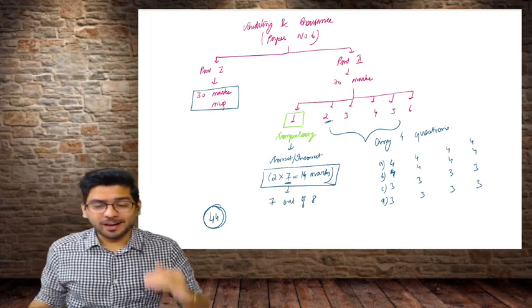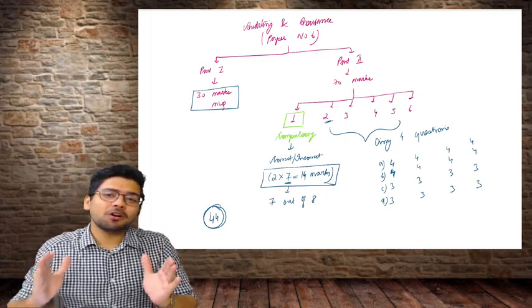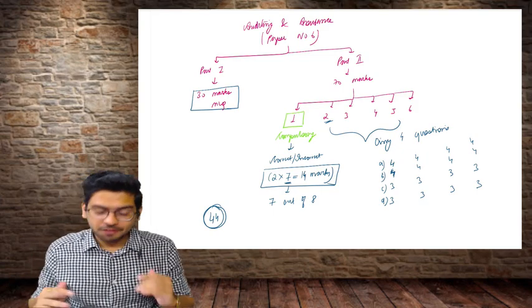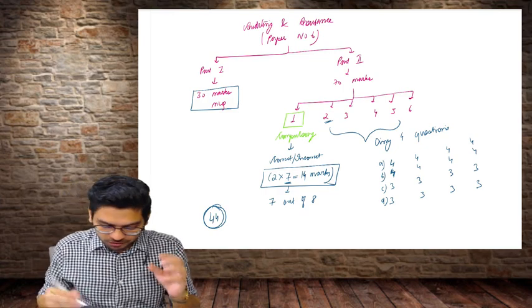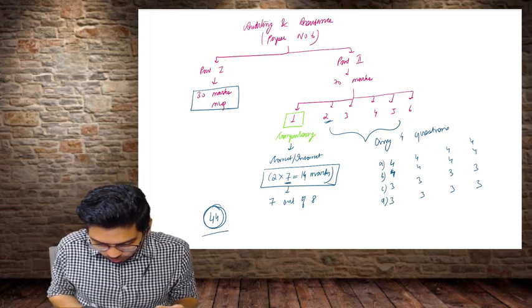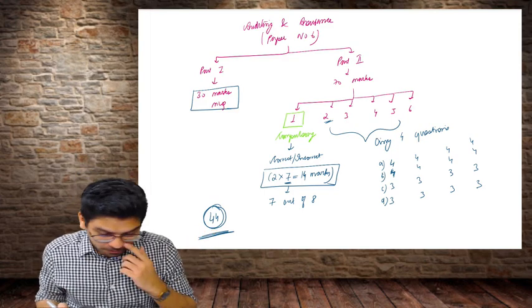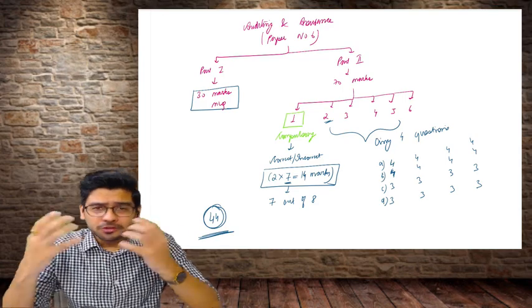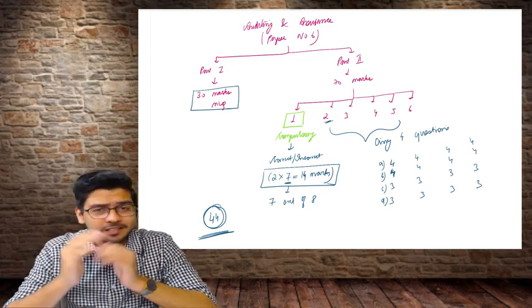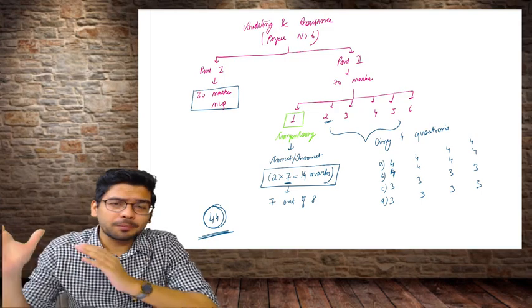Again, I'm telling you, we are going to focus immensely on the concepts part, and if the concepts are really very clear, we are going to score amazing marks, especially in this portion. Now, how are we going to start with the paper? As I told you, I will be discussing the very basics of the entire paper.